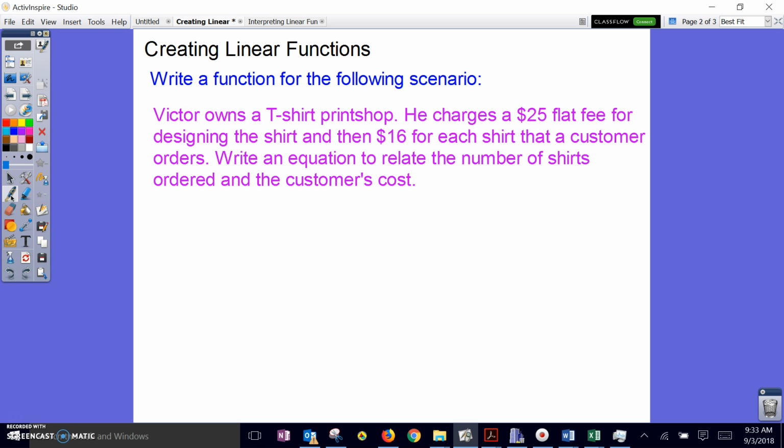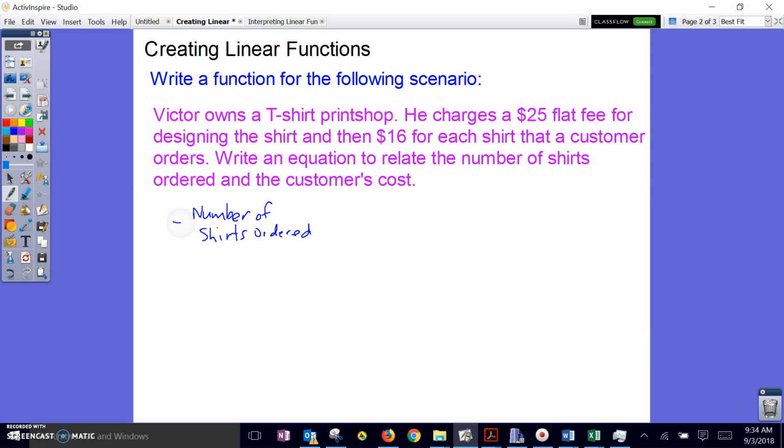So what are our 2 variables in this situation? Well, one variable is the number of shirts that are ordered by a customer. And we want to assign a letter to that. Doesn't really matter what letter we assign to that.